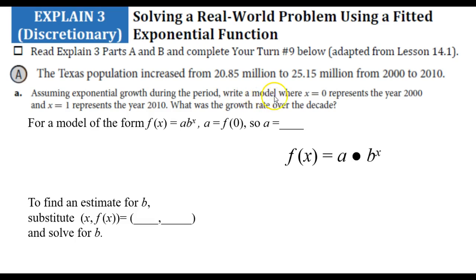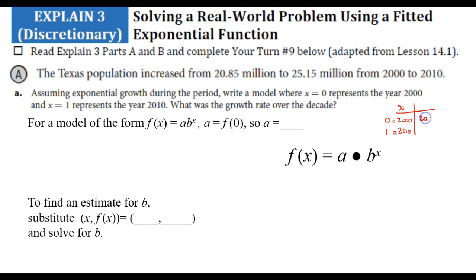We're going to write a model where x equals 0 for 2000 is really 0, and 2010 is really 1.